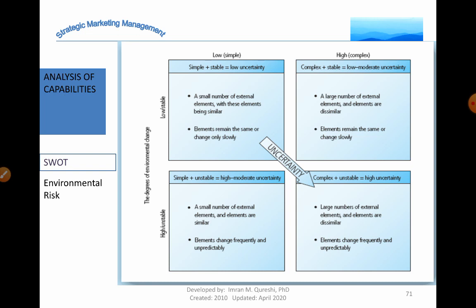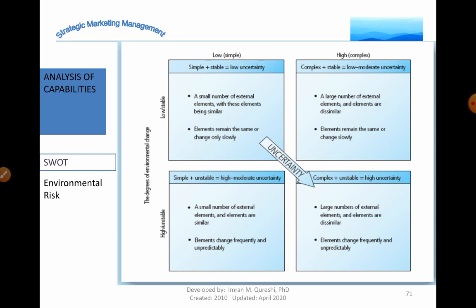So based on the degree of change of those variables, or the fluctuations coming in those factors, we can analyze what is the level of risk and what is the level of uncertainty. Obviously, if you have a simple environment, with very few external factors influencing the company, and things are not changing that much, then you have a low environmental risk, and you can plan more.